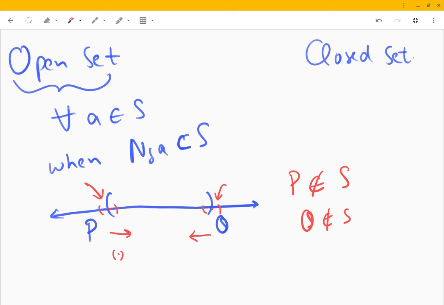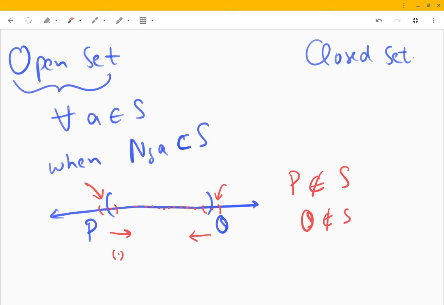So when every point of the set is an interior point, that means when the delta neighborhood of every point of the set is inside the set, then it is an open set. Right? Slow it down, listen to it again, visualize it.